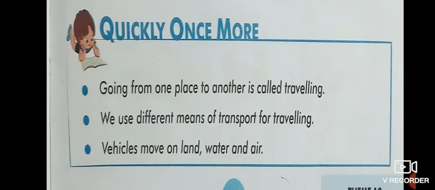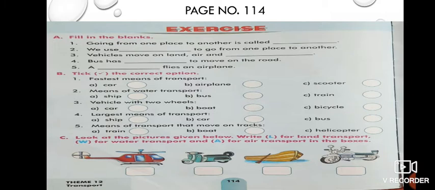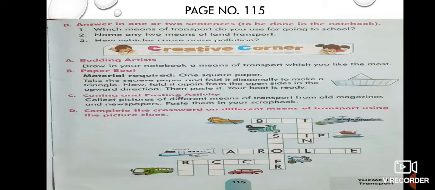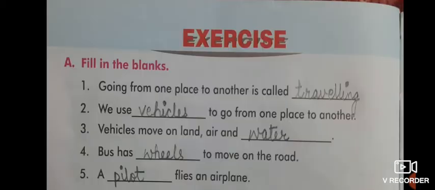Now let's move on to our book exercise and question answers. The book exercise is on page number 114 and 115. So let's start doing it one by one, and you have to do the book exercise in books and question answers in your notebooks. The A part: going from one place to another is called traveling.